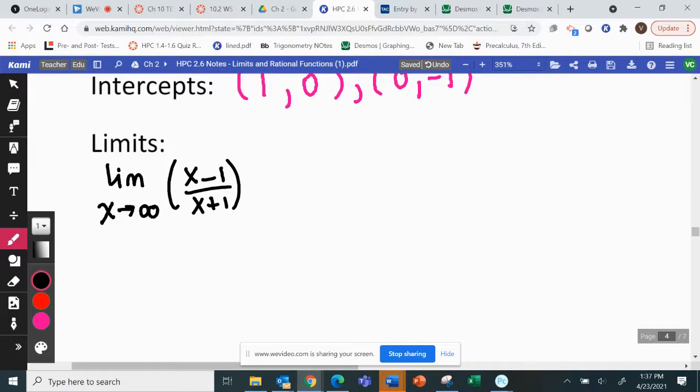All right, so we are going to find the limit as x approaches infinity. This right now is not in the form that I like it to be in. So I'm going to manipulate it, and I'm going to multiply the top and the bottom by 1 over the biggest amount of x's, so just x.